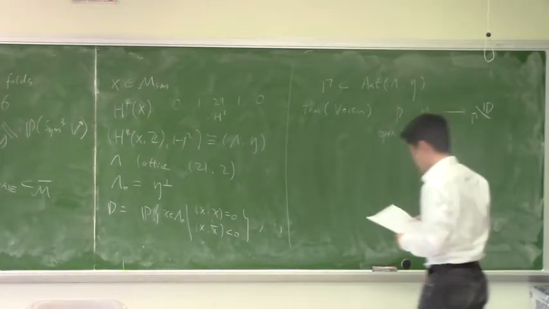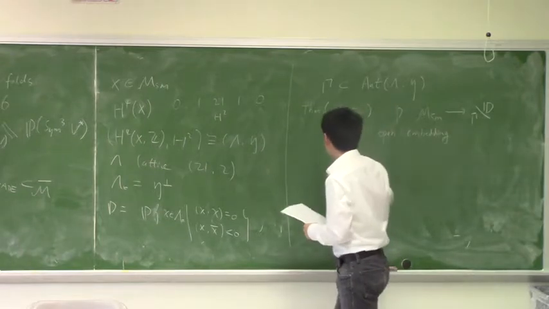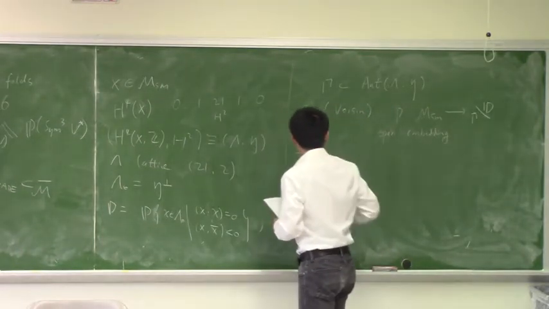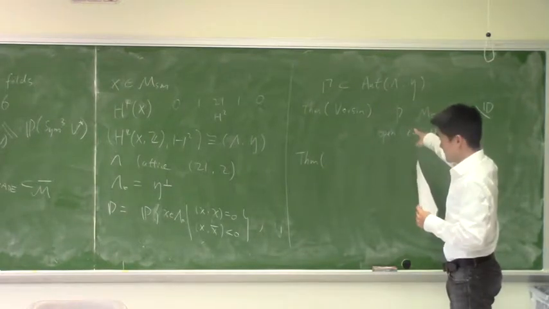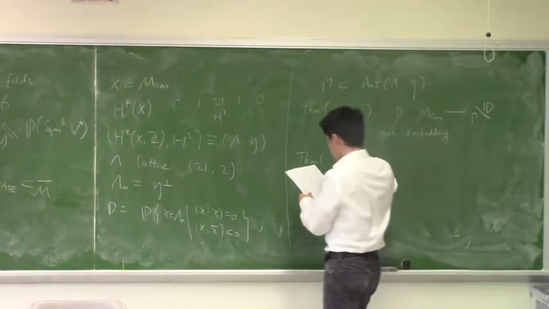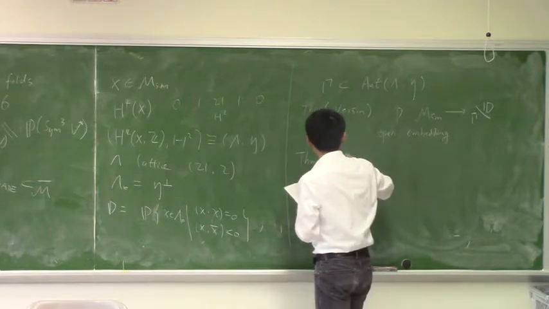So that's the global Torelli theorem for smooth cubic fourfolds. Later, Laza and Looijenga characterized the image of this period map. So let me summarize their results.